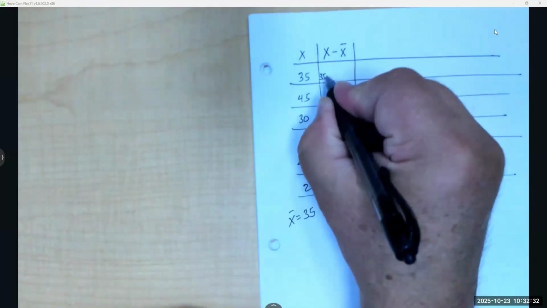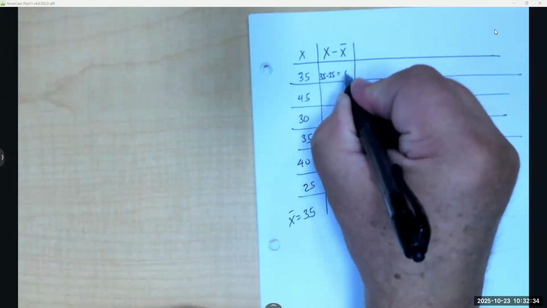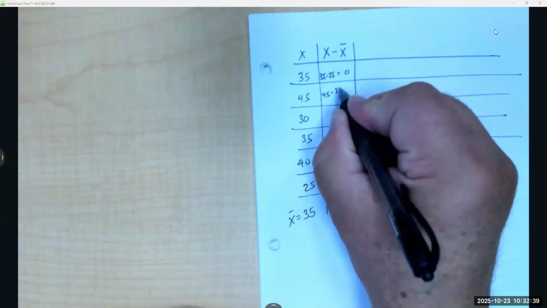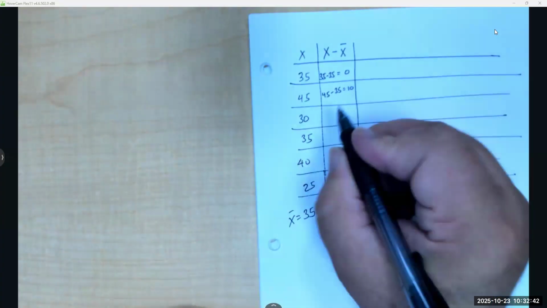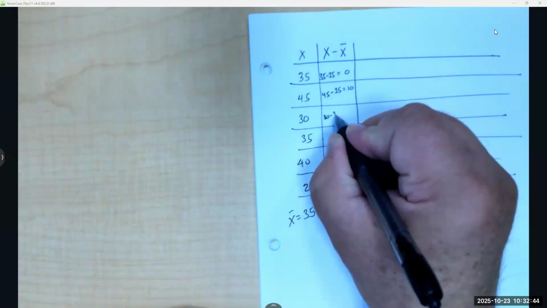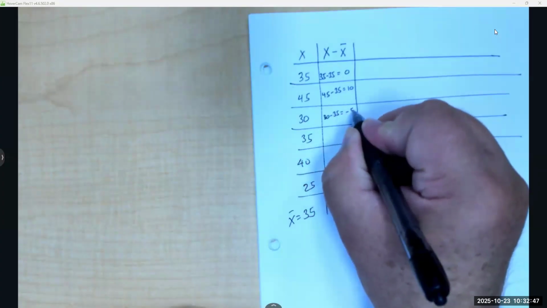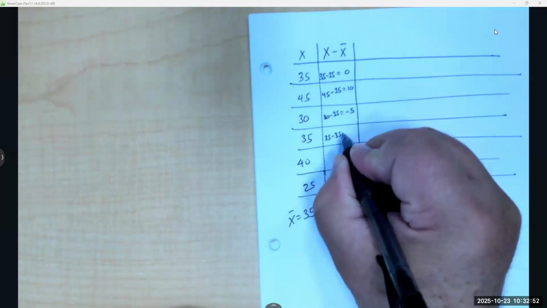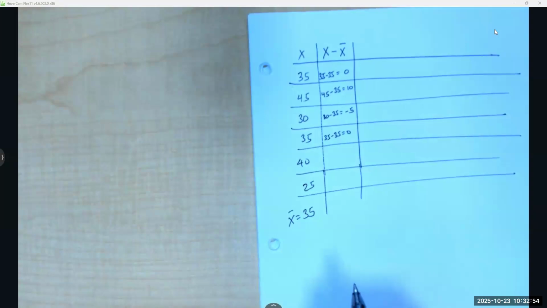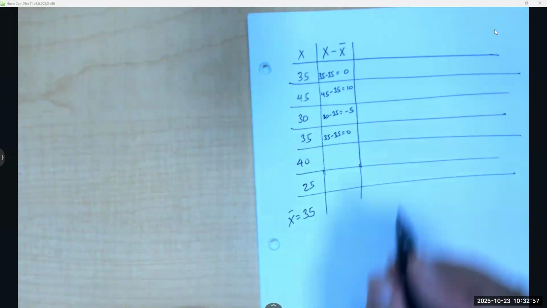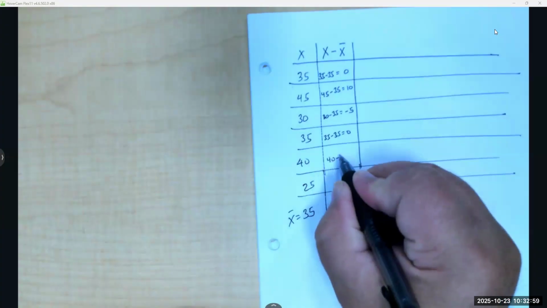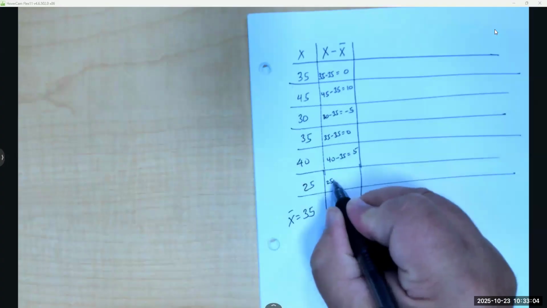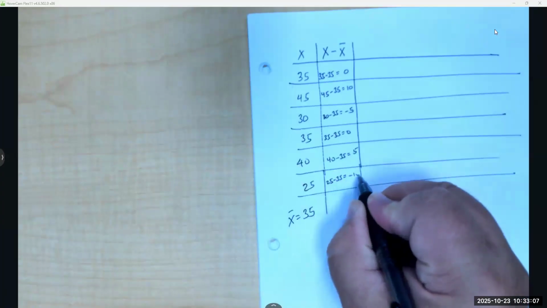So 35 minus 35 is 0. 45 minus 35 is 10. 30 minus 35 is negative 5. 35 minus 35 is, I was wrong. We do have a mode. 35. Then 40 minus 35 is positive 5. 25 minus 35 is negative 10.